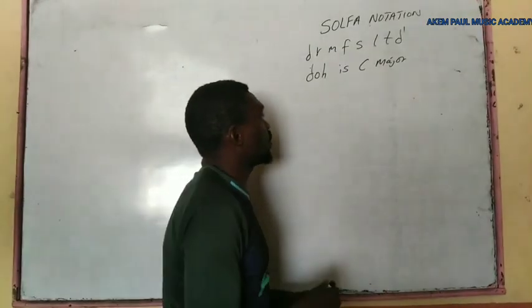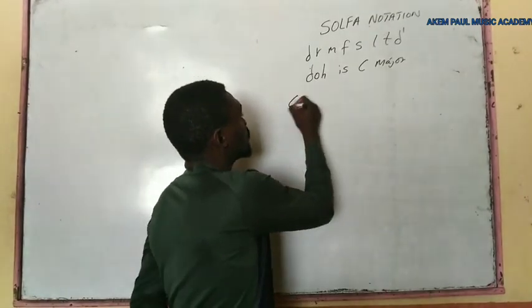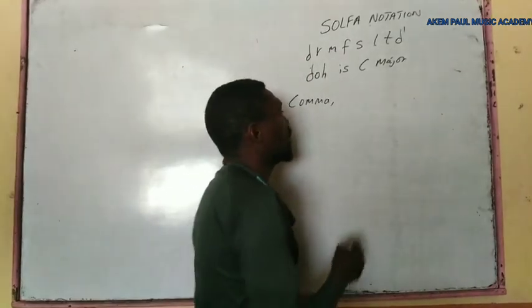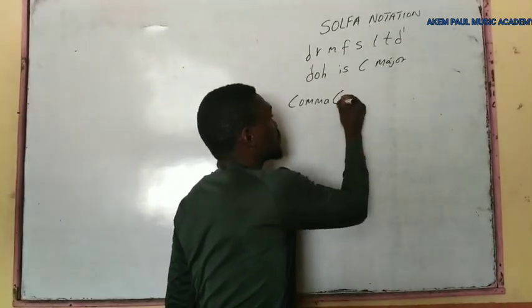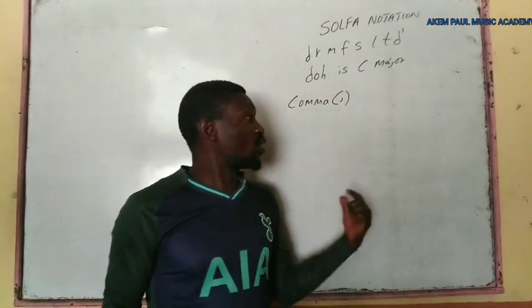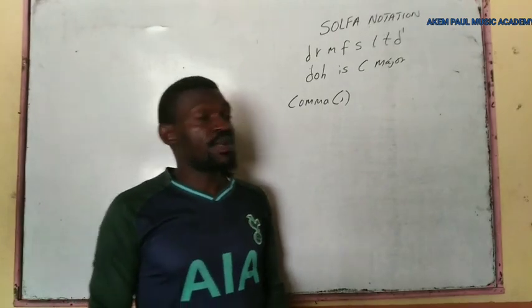We're going to talk about the comma. What is the work of the comma? The comma separates the half beat we talked about into two equal parts.